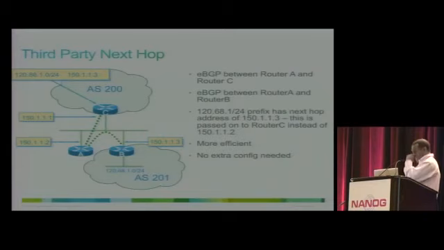But by default, if C has an eBGP peer with A, and if A has an eBGP peer with B, and if that peering is over a shared network, then when A advertises routes received from C to B, it will keep the next hop IP address of C. It will not use itself as the next hop IP address. That's the only exception used when routes are advertised over eBGP.